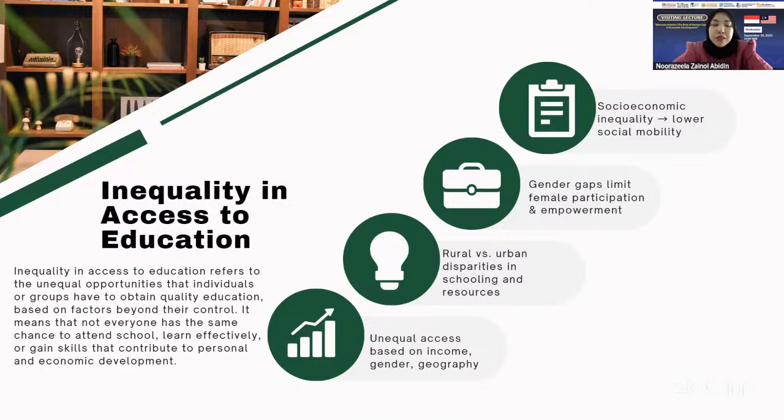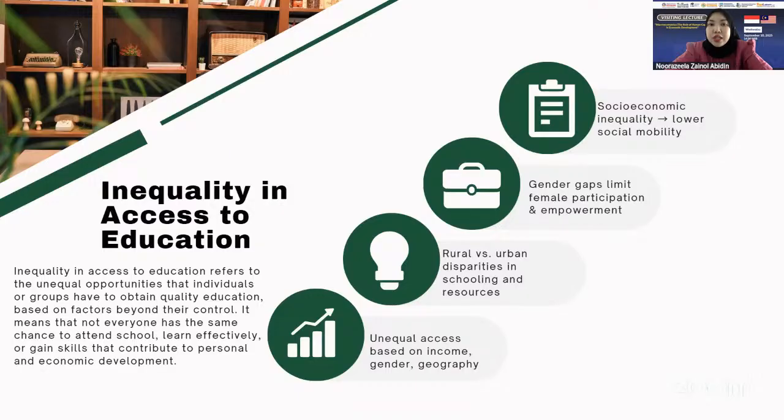One key factor is income inequality. Children from low-income families often have limited access to quality education due to the cost of schooling, transportation, and learning materials. Then we have geography. Rural areas frequently face a shortage of qualified teachers, poor infrastructure, and fewer educational resources compared to urban centers.